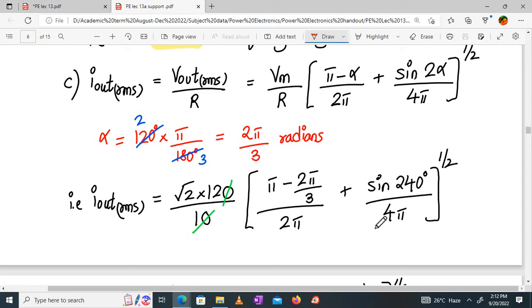Here I am showing this. Why is it sine 240 degrees? It is sine 2 alpha. Alpha is 120. Vm square was inside that half, so it came out as Vm, right?